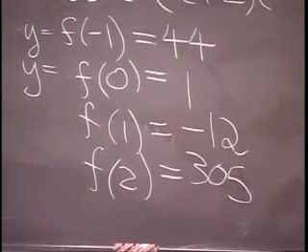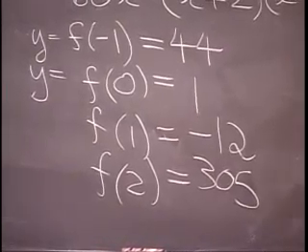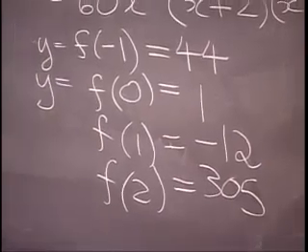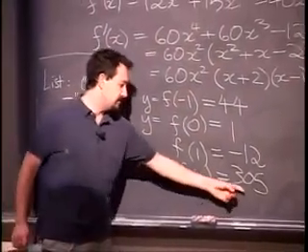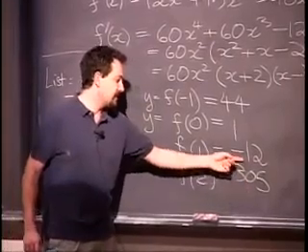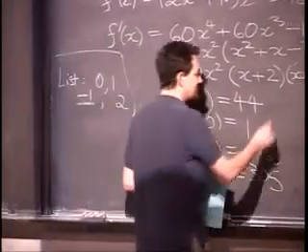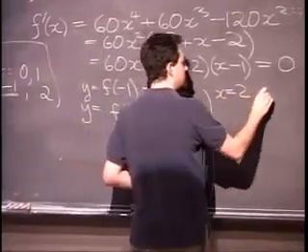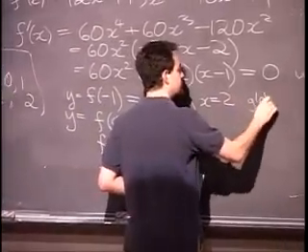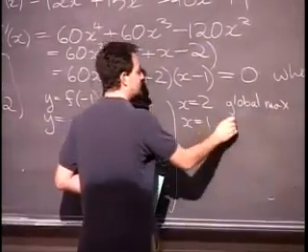So which ones are the maxima and which ones are the minima? Well, the highest value is at 2, so that must be the global maximum, and the lowest value is at minus 12. So the conclusion is that x equals 2 is the global max, and x equals 1 is the global min.